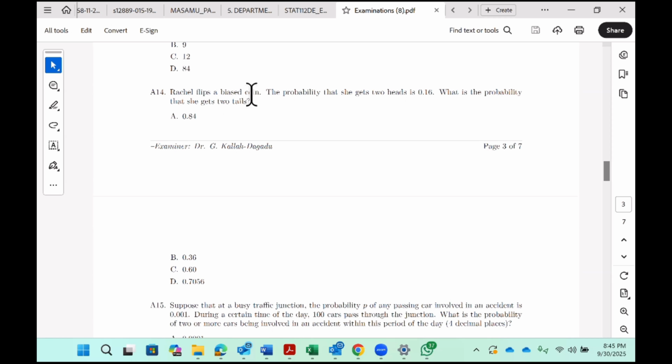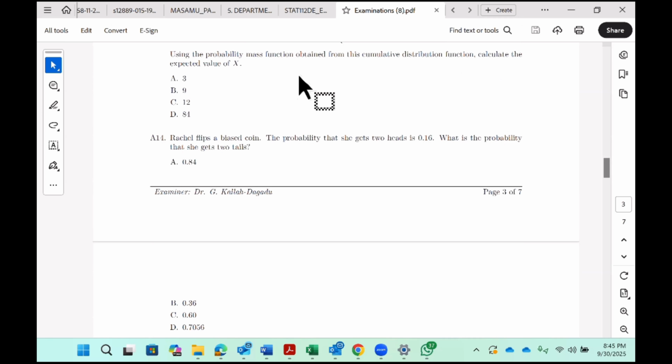So if you have a biased coin, it means that head and tail are not equal to 0.5 and 0.5. So if the first toss is a head, and the second one is also a head, the probability that you get a head and the second one was a head is 0.16.